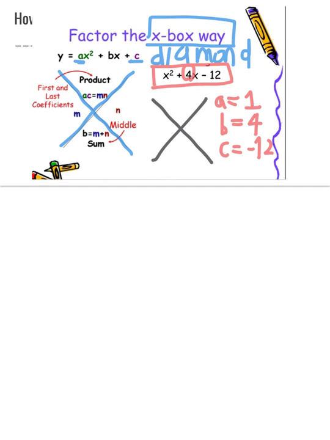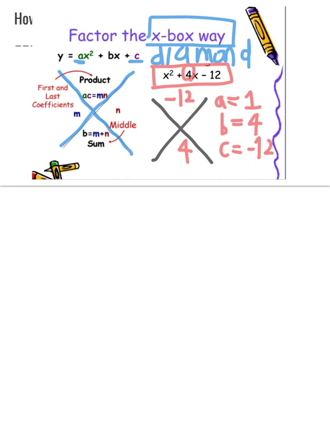So now that we have all a, b, c values identified, for the top diamond value, what are we putting? We're putting the product of a and c, meaning 1 times negative 12, which is just going to be negative 12. And our bottom value, which will be our b value, is simply 4.